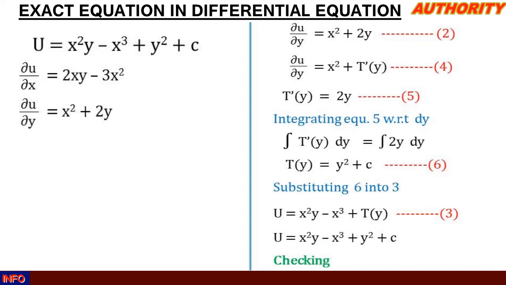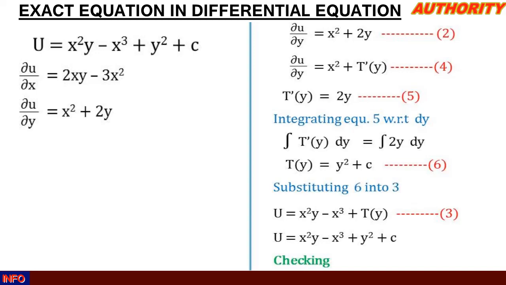Now when we differentiate y squared, it gives us 2y. When we differentiate c, it gives us 0. So the partial derivative of u with respect to y is equal to x squared plus 2y, which is the same as what we have in our equation 2.